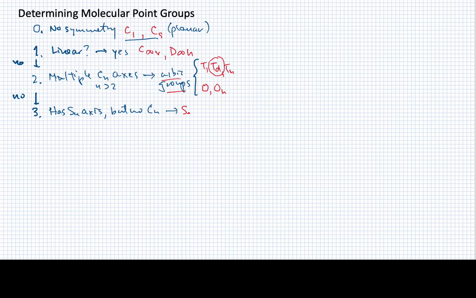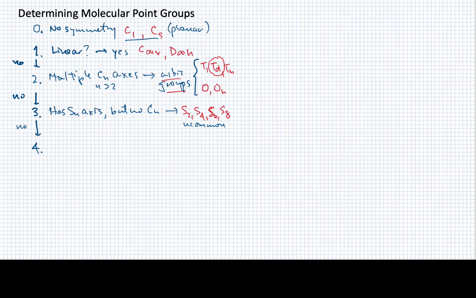It could be S2, S4, S6, S8. It's going to be an even number, generally speaking, because the odd number ones will have a distinct Cn axis with them. All right, so this is a possibility, but I would say this is a very uncommon possibility, so I wouldn't rest a lot of confidence on finding one with this particular symmetry. So again, we'll go no.